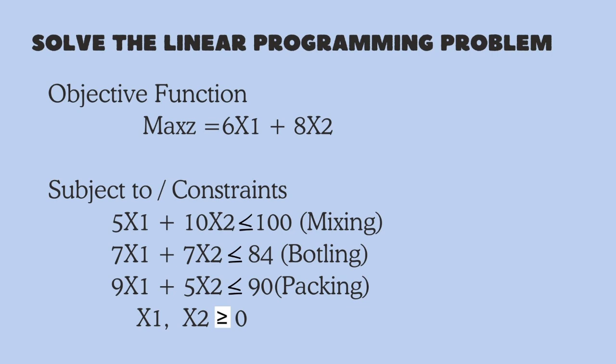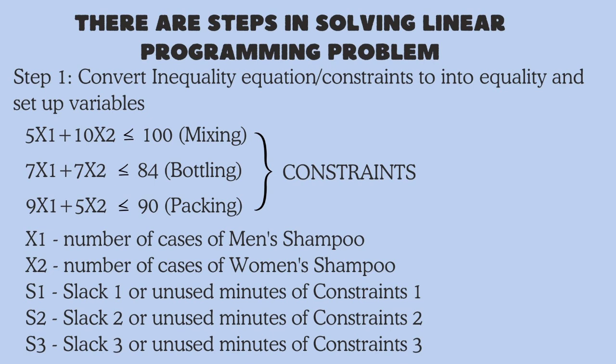So, next, convert inequality equation or constraints into equality and set up variables. We will have x sub 1 for men's shampoo, x sub 2 for women's shampoo, and our new variable which is S1, our slack 1 or unused minutes of constraint 1, S2 for constraint 2, and S3 for constraint 3.